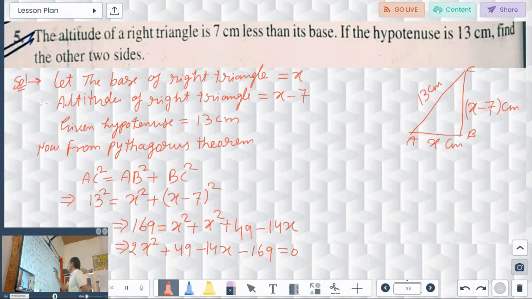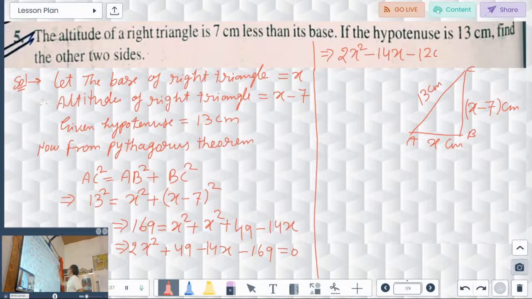Now 2x square minus 14x minus 120 equal to 0, okay.